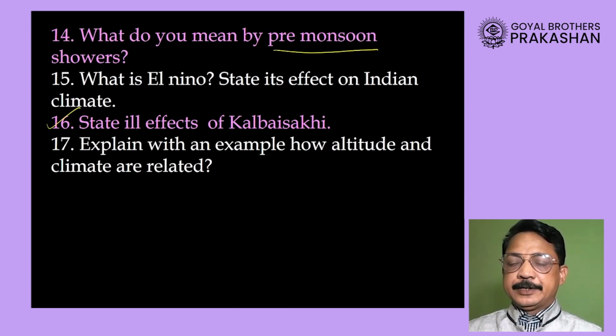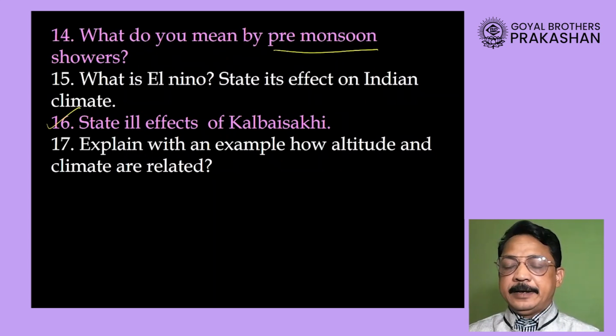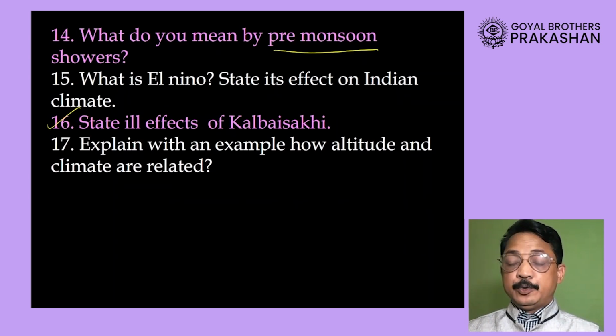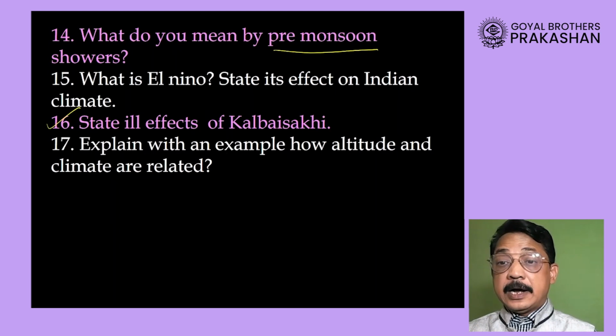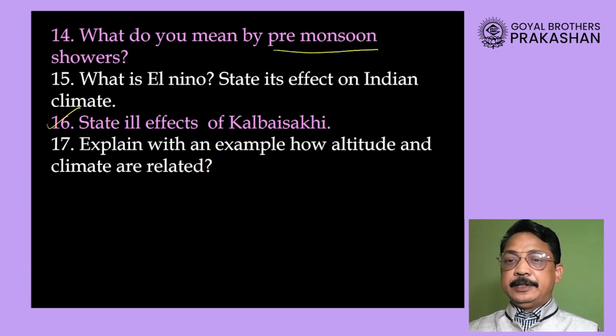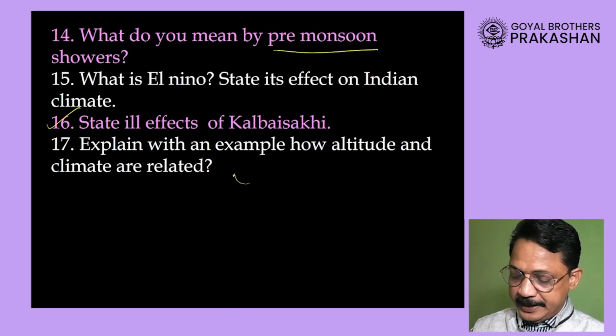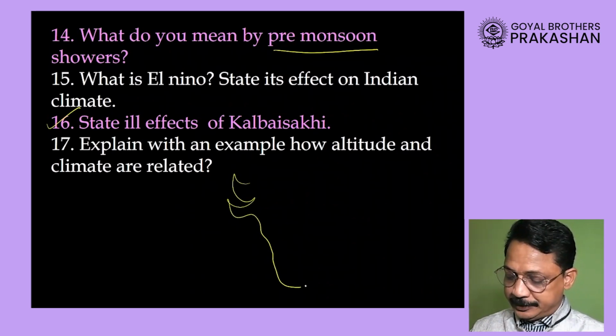Now, student, the next question is explain with an example how altitude and climate are related. Now, you can write down here that as the altitude increases, the temperature decreases. Now, what answer can we write down here? We can write here that both Agra and Darjeeling are located at almost the same latitudinal distance.